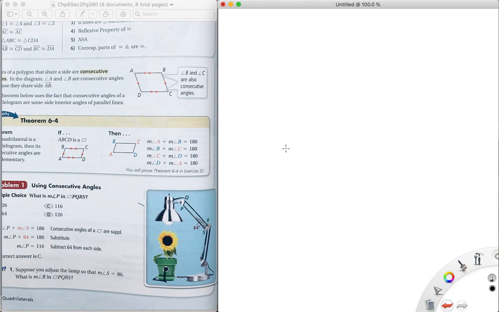Angle S is 86. What is angle R? So we have this hinge here for this quadrilateral. I'll rewrite it over here. Like so. This is Q, P, R, S, and we're told that S is 86. So what's angle R?